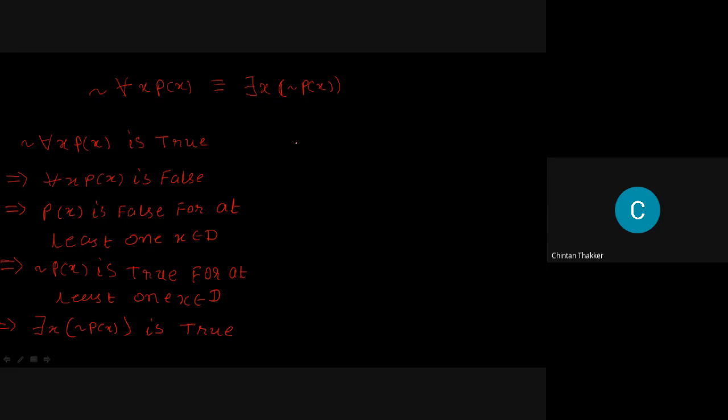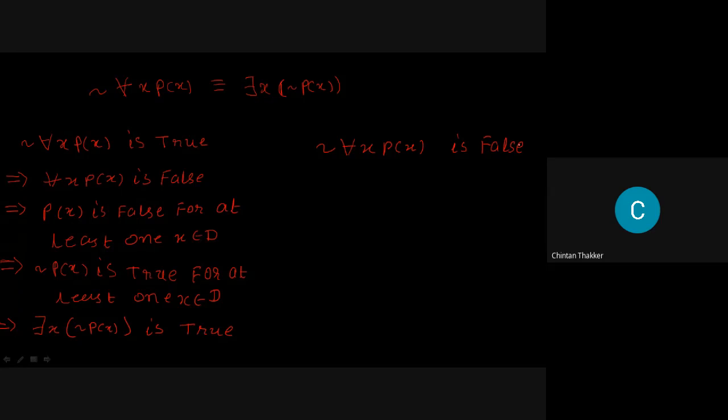Now we take the left hand side is false. We take here negation of all x Px is false. Now we prove that there exists x negation of Px is false.